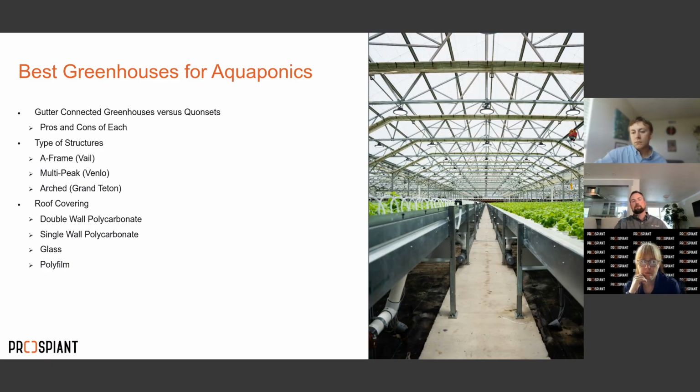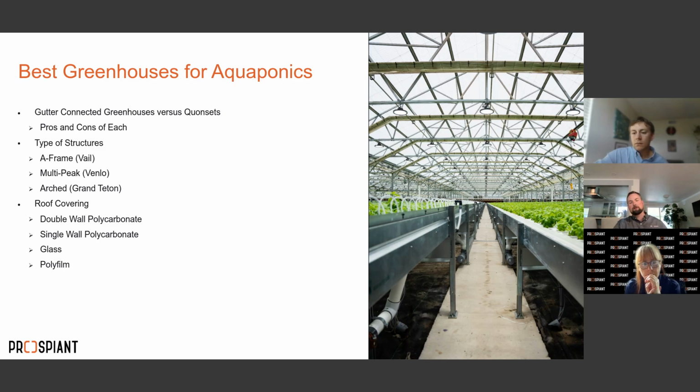The other thing that's nice about the gutter connected house is you can add more systems to them. So in this picture here, it's hard to see, but up in the truss, there's actually a curtain system that's fully retracted, meaning that it's letting sunlight come in. But that shade curtain system, or also sometimes called an energy screen, allows you to almost double the R value of the roof covering.